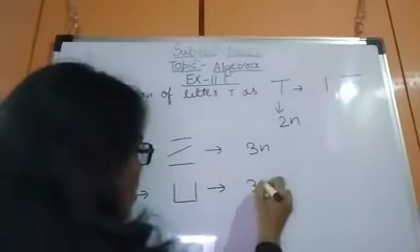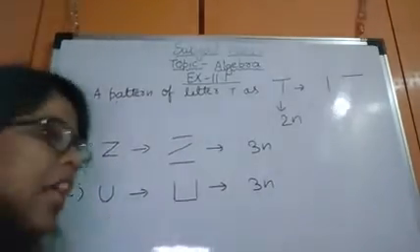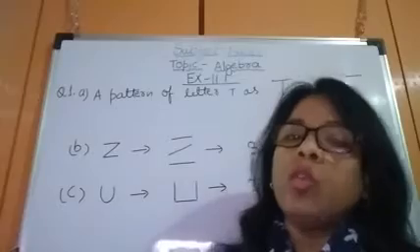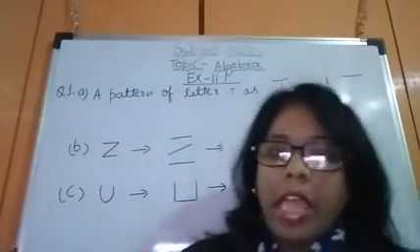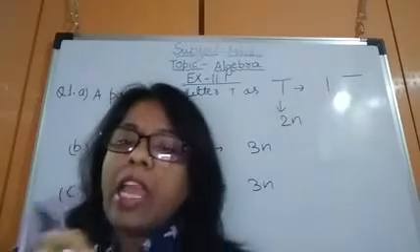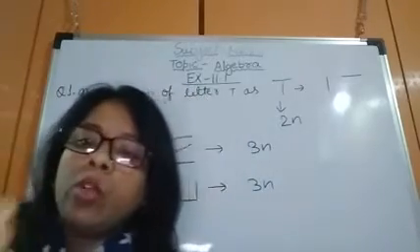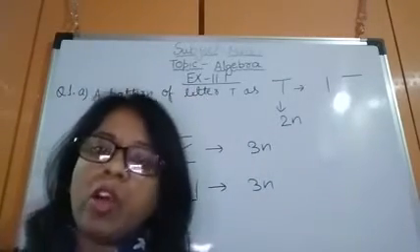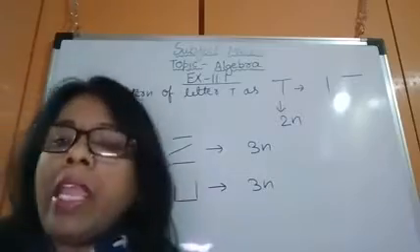So it will be 3n. So by this way you can make the rule of algebra that how many matchsticks are needed, and in that number you have to use a variable also. That variable will be n.